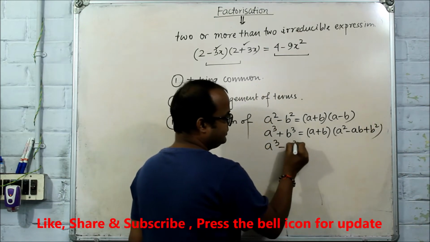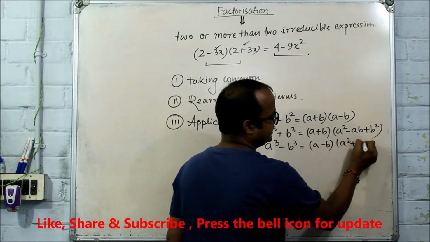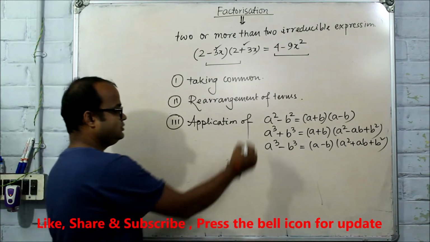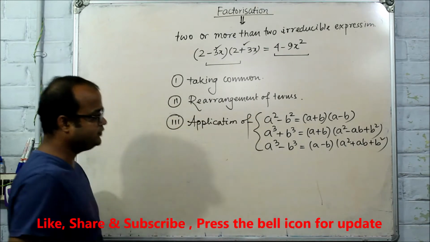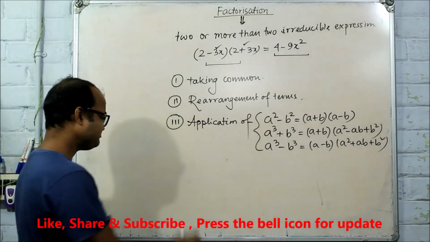And a cube minus b cube, which is equal to a minus b into a square plus ab plus b square. So we are going to use these three formulas under the application of formulae.